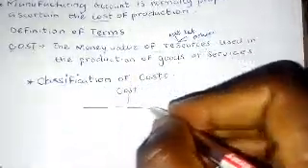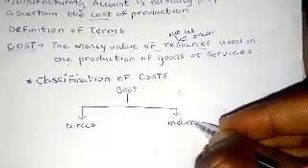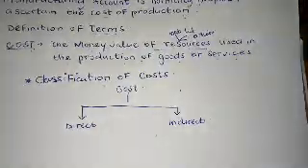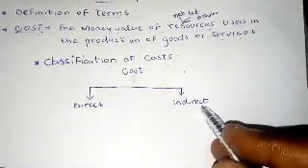Classification of cost. Costs can be classified basically into direct costs and indirect costs.